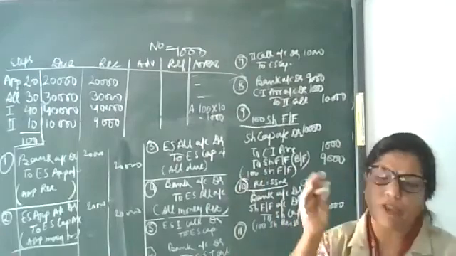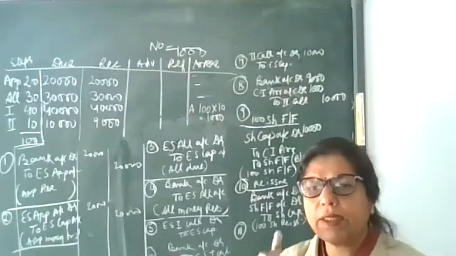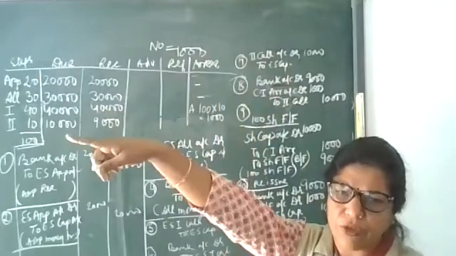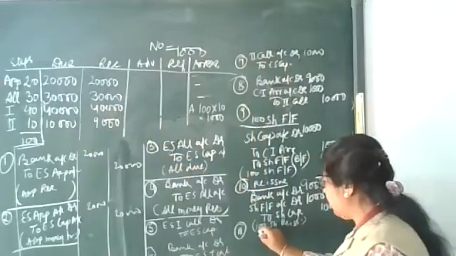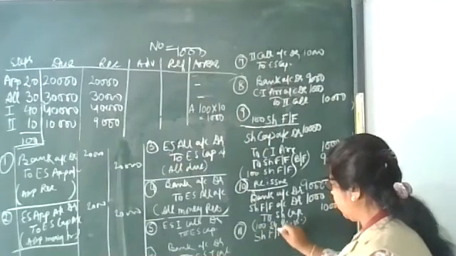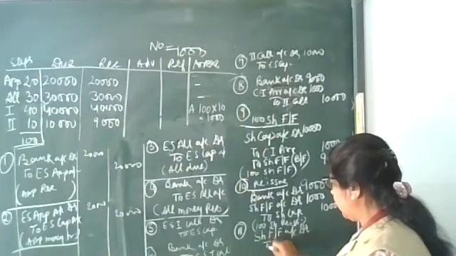Just learn it all. You know that the balance in share forfeiture account should be transferred to capital reserve account. So entry is fixed: share forfeiture account debit to capital reserve.